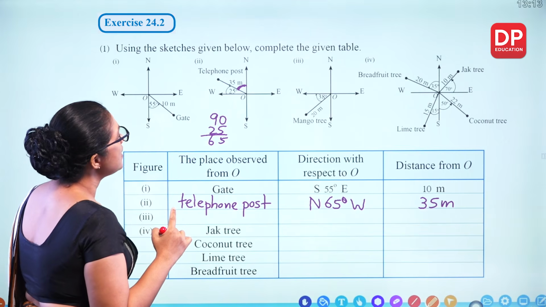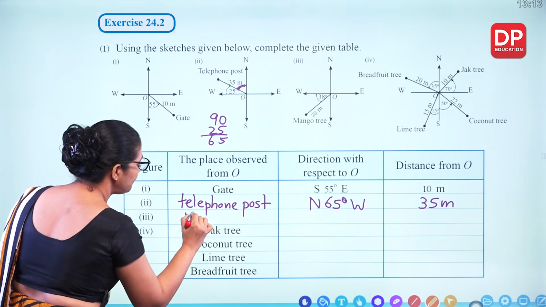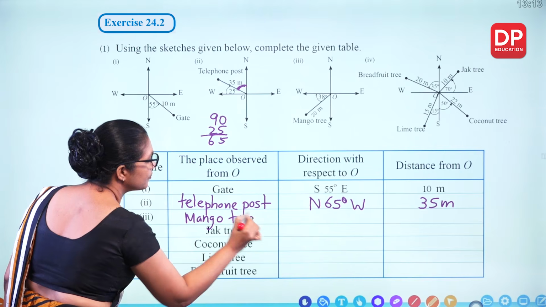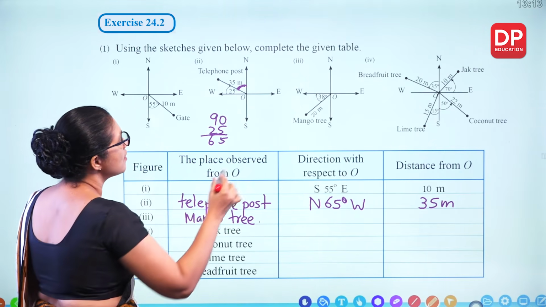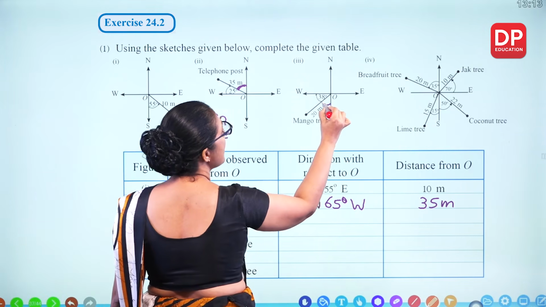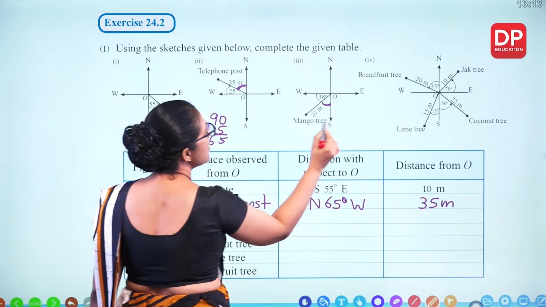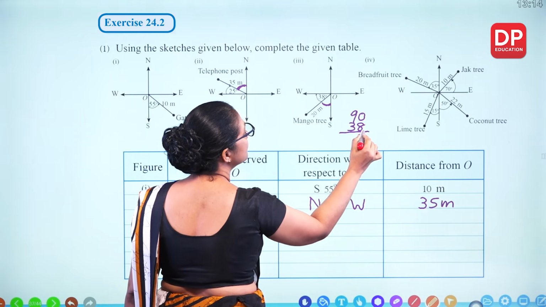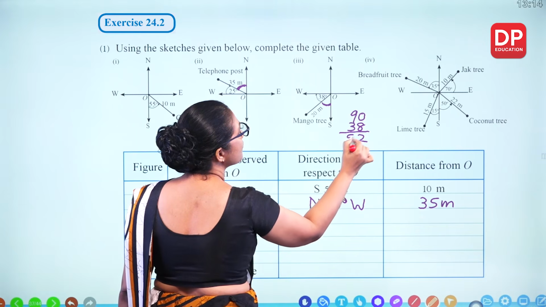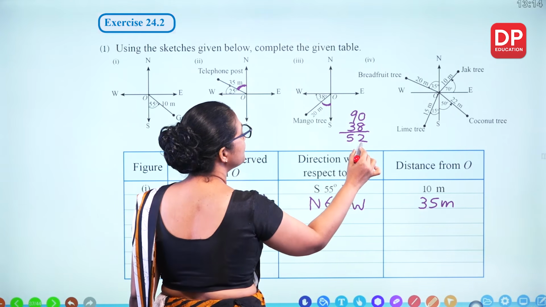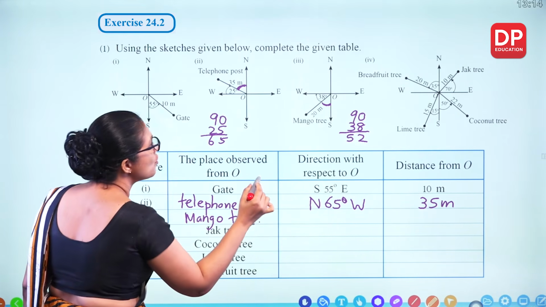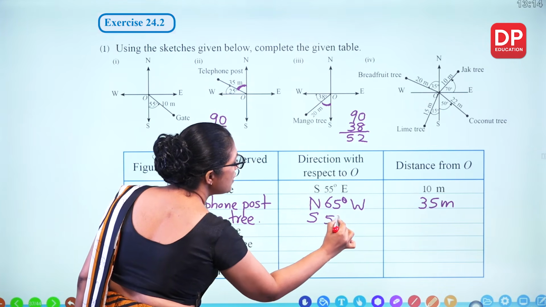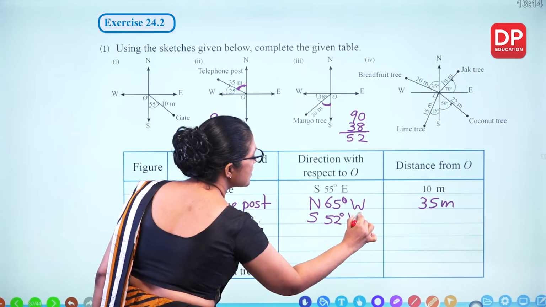Then the next one is the mango tree. What's the direction? From south. You need this angle. 90 minus 38, 52. So 52 degrees from south. So south 52 degrees towards west.